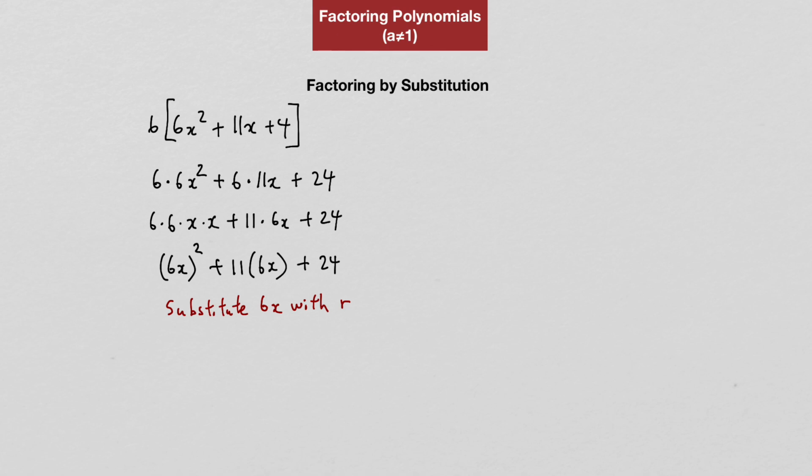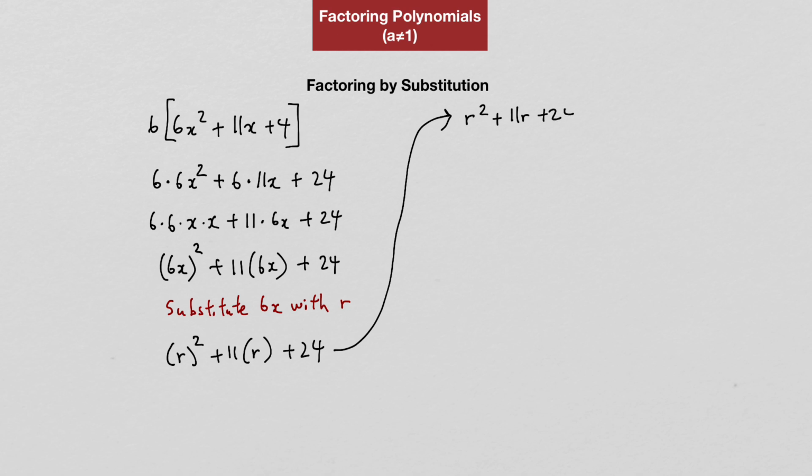We're going to call this r squared plus 11r plus 24. All right, so we're going to go ahead and just rewrite this without the parentheses. r squared plus 11r plus 24.